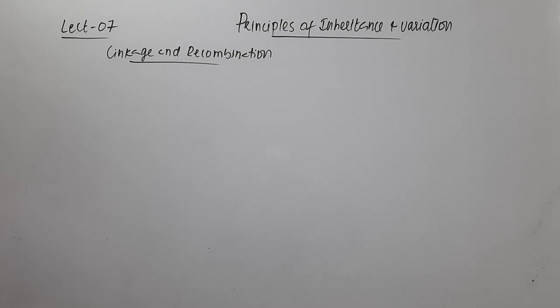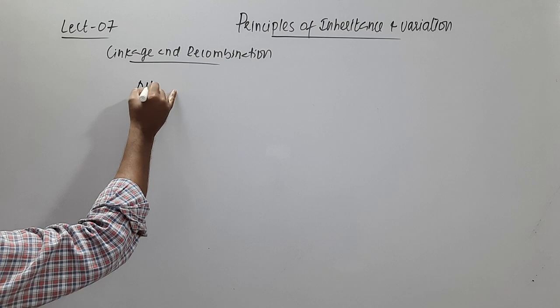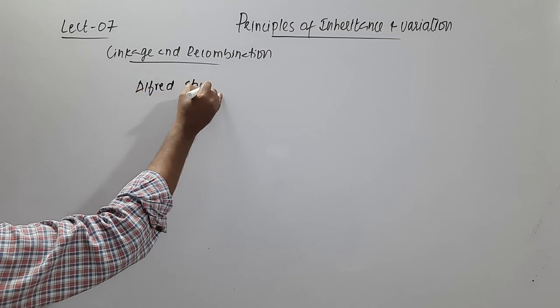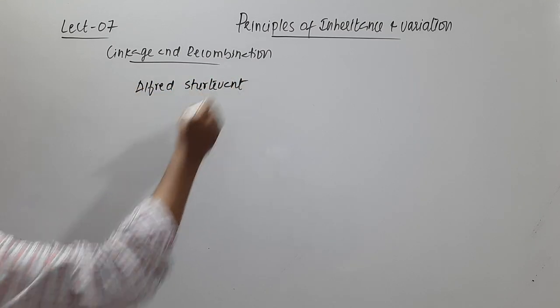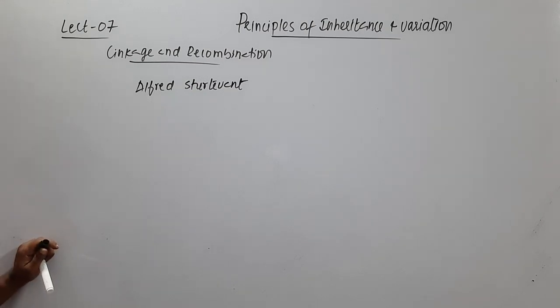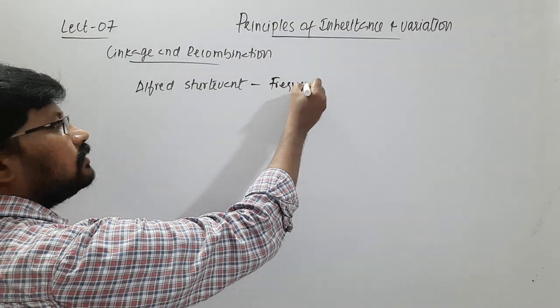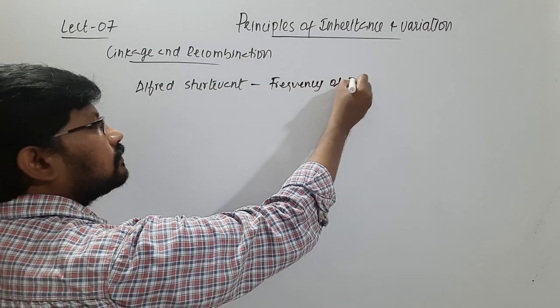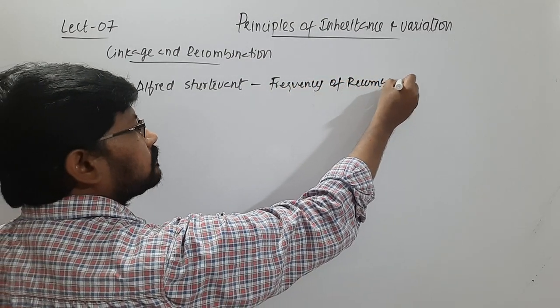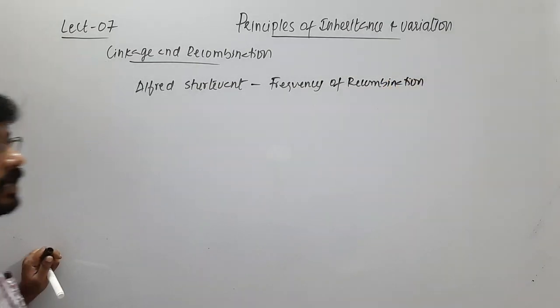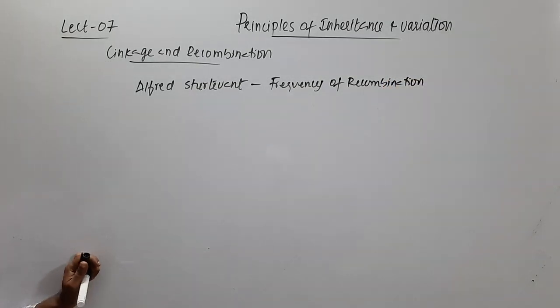Now T. H. Morgan's student, whose name is Alfred Sturtevant, used the frequency of recombination on the same chromosome.